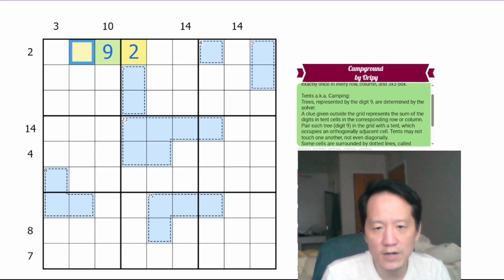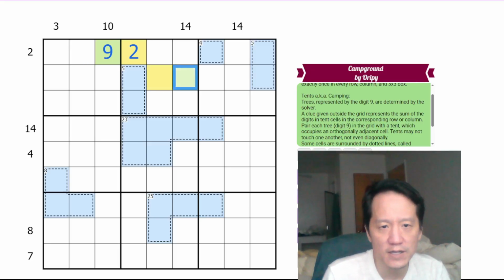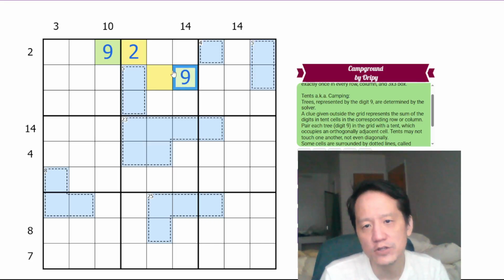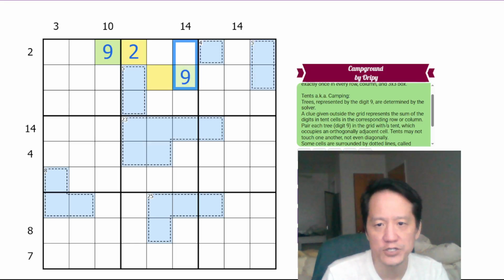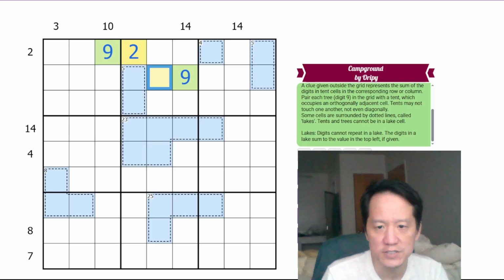So you couldn't have, say, a tent here and a tent here, because that's not allowed, even if the 9 were here, right? But each 9 in the grid, which is a tree, must pair with a tent, and the tent must be orthogonally adjacent to that tree, which just means sharing an edge. So this is not possible, but you could have something like here, right?